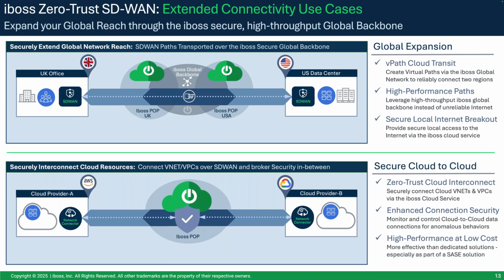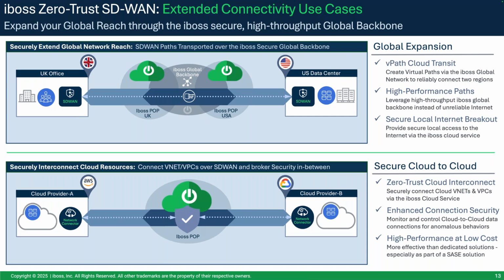We see some customers just prefer to do everything through the cloud, so that's completely possible. There's no need for hardware. You can connect two sites together via the iboss backbone, just using things like tunnels. Or you can use hardware, which was on the previous diagram.